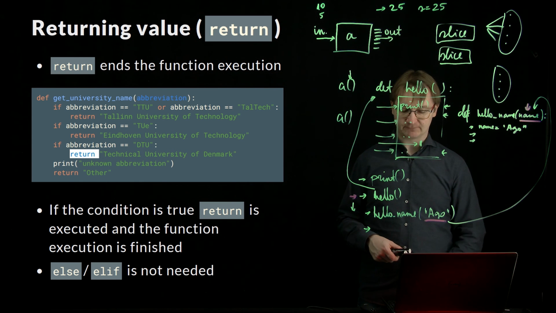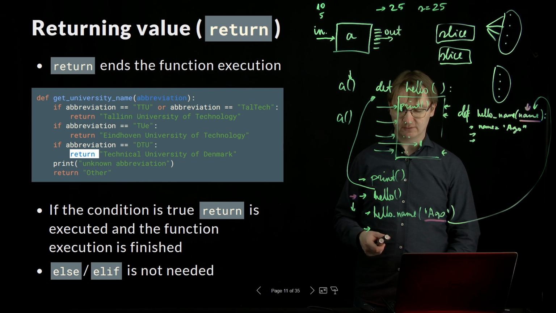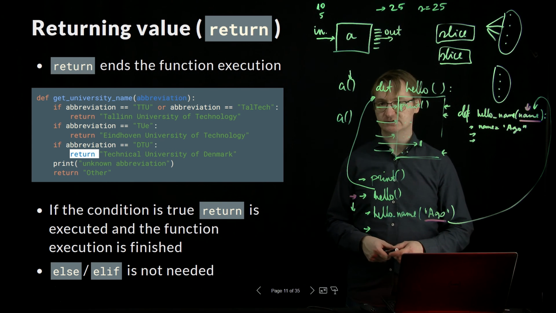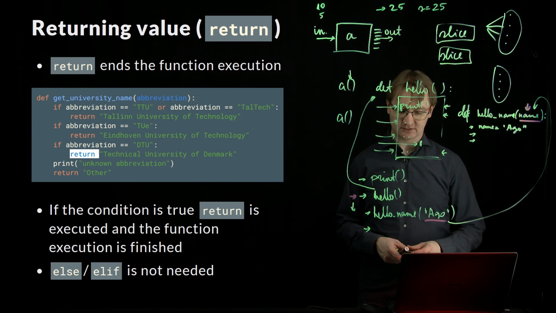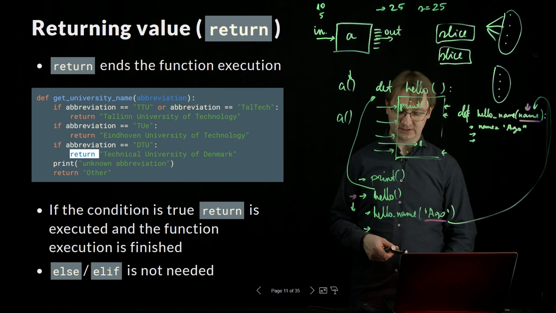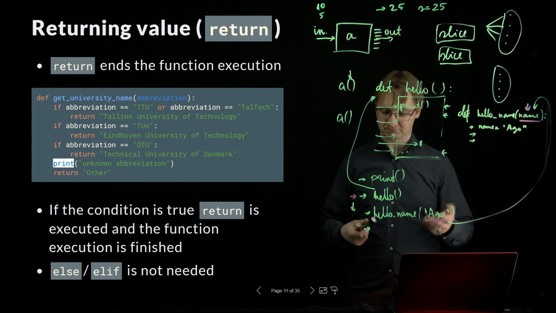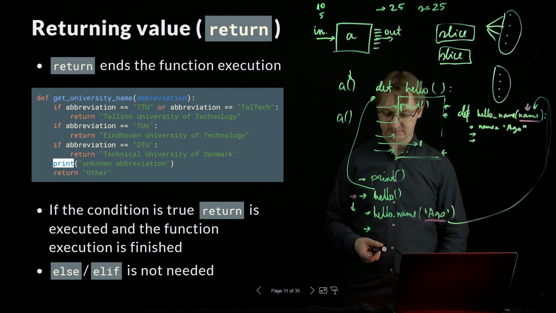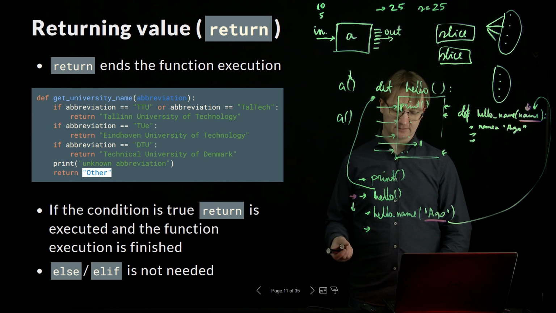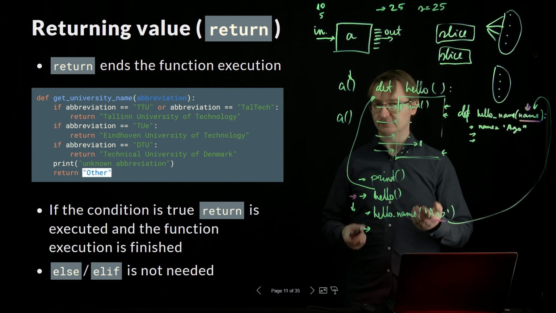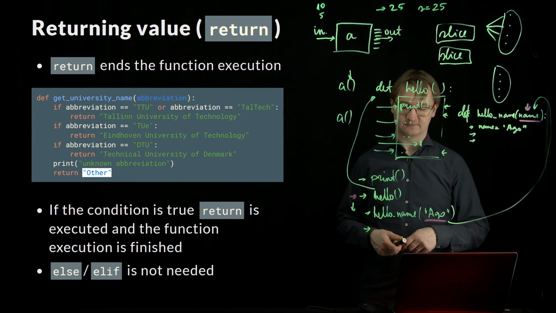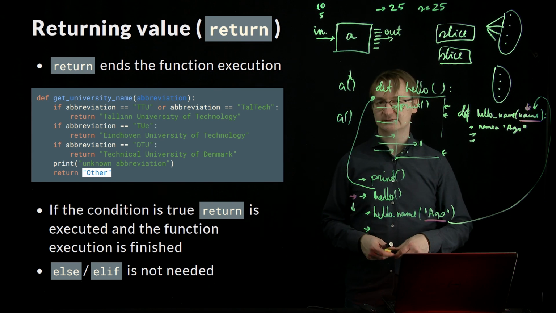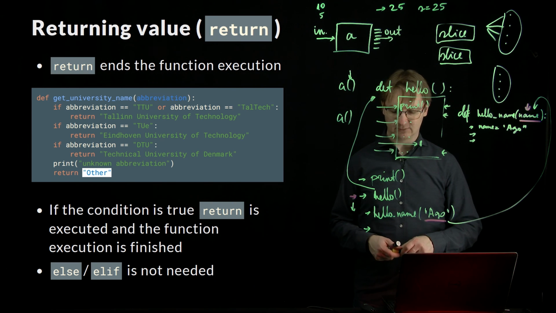And if none of those three first conditionals are true, then we reach here. Then it prints out that it's an unknown abbreviation, and it returns other. So in three cases, we will get the name of the university, and if we pass anything else here, we just get the value other.